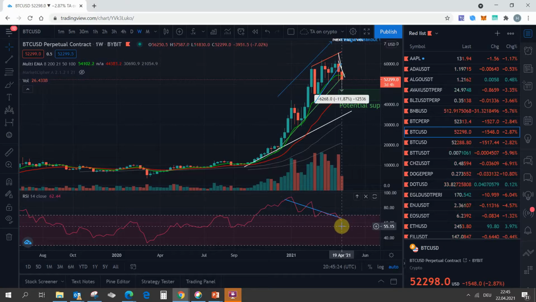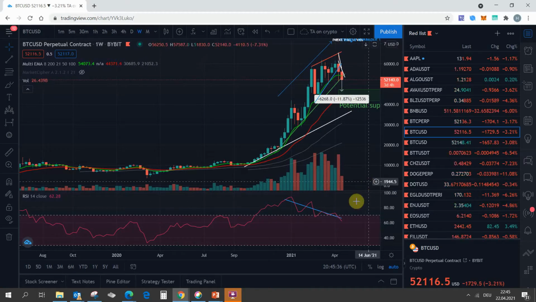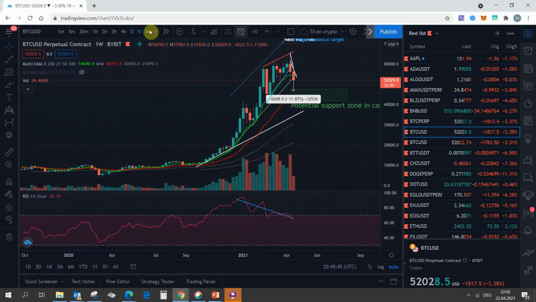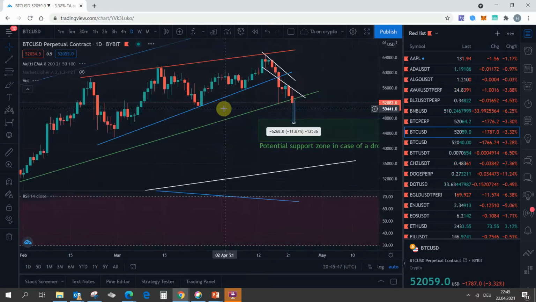And how far can you drop? You see roughly that at this point we have some flat lines at about 55%. Right now we are at about 62%. Until we go to about 55%, we may be going down, which would also be in agreement with our target here, guys.